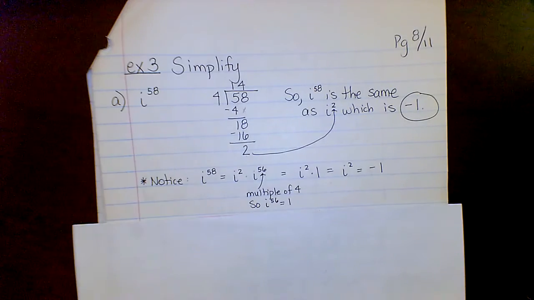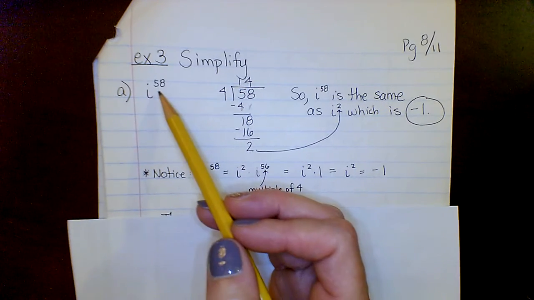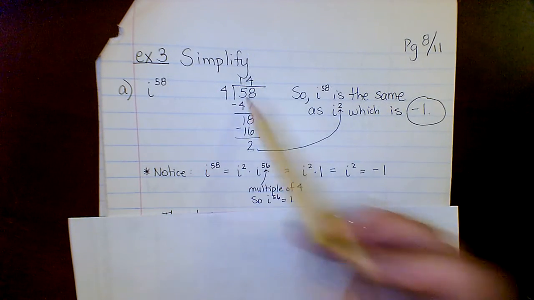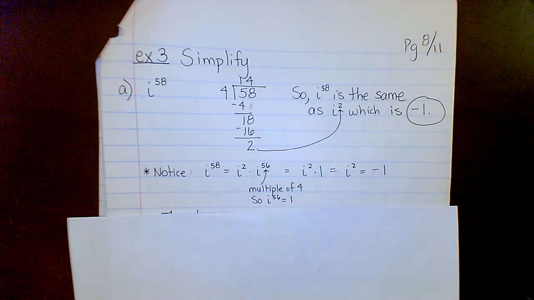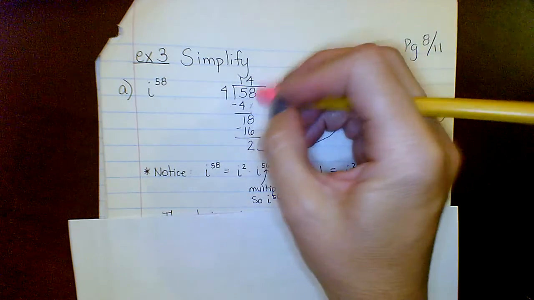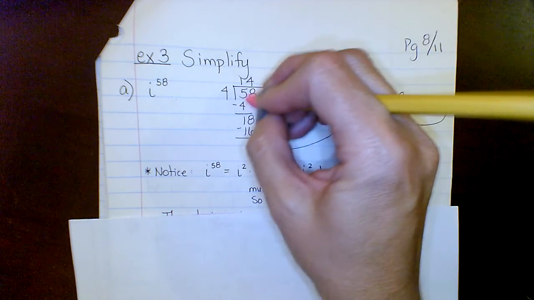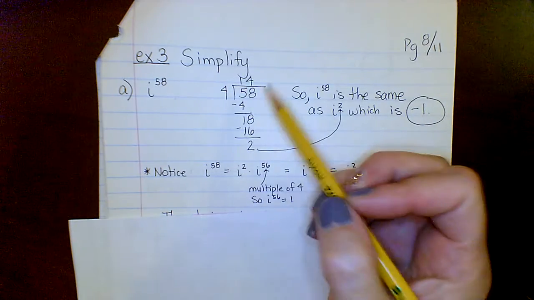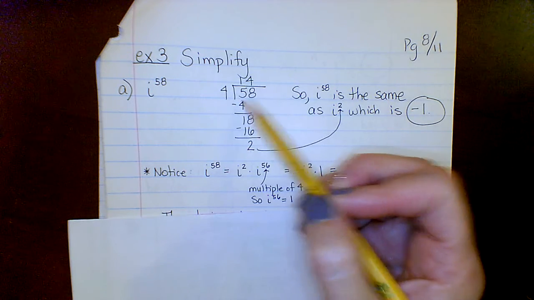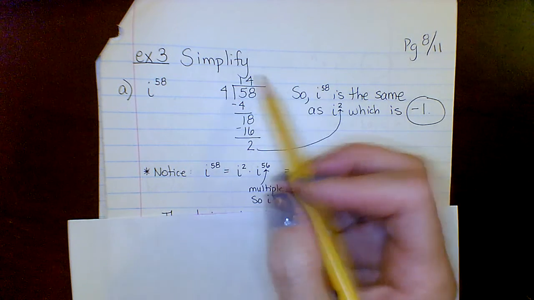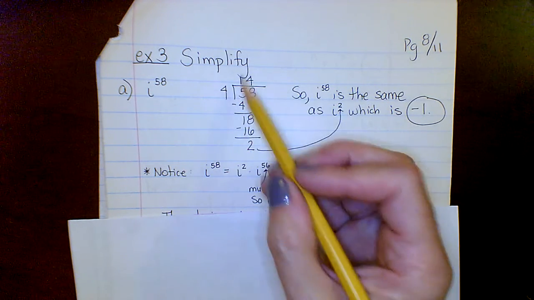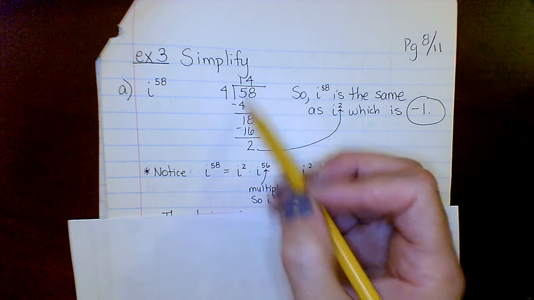So if you're asked to simplify i to the 58th power, you divide it by 4. So 4 goes into 58 how many times? Well, 4 goes into 5 once. So 1 times 4 is 4.